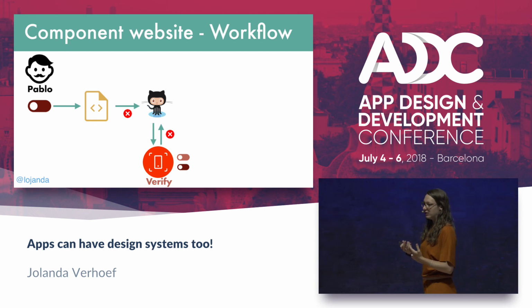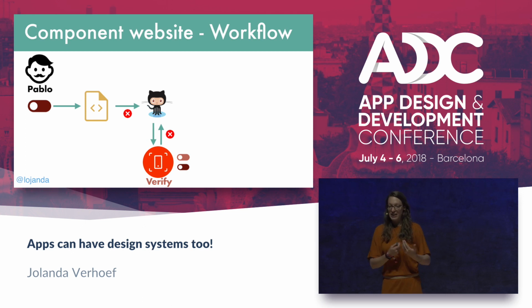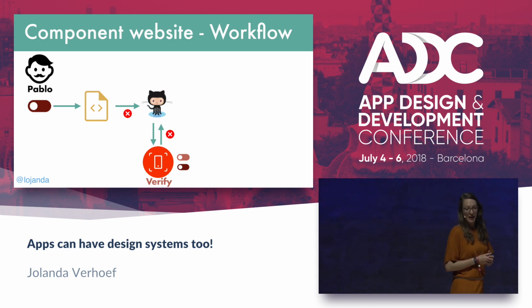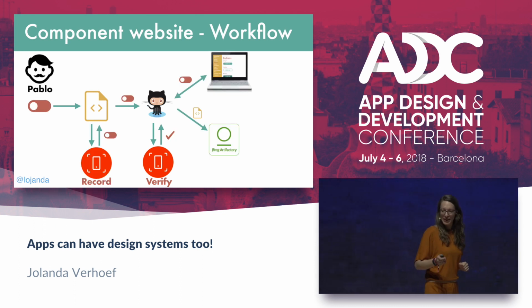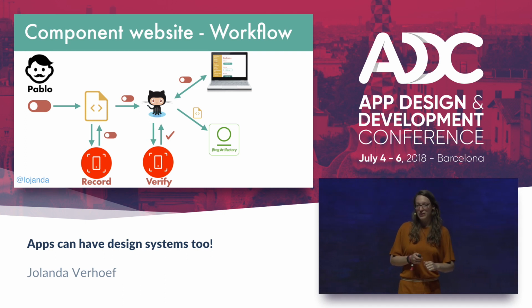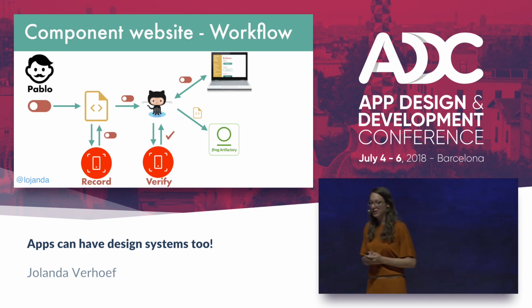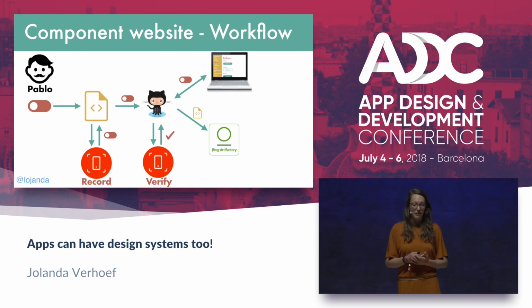And now he sends his code to the version control, to GitHub, and of course that screenshot will be sent along. And in the build that's being run on GitHub, it verifies that indeed that screenshot is the one that was made. So it's a successful thing. The screenshot will be sent to the laptop, to the design system, automatically updated, and it will be sent to JCenter to distribute it to the developers.